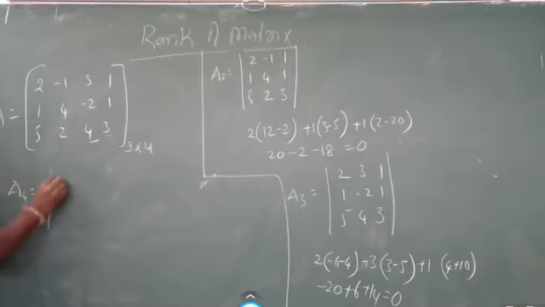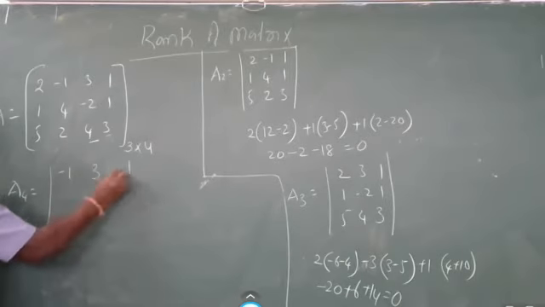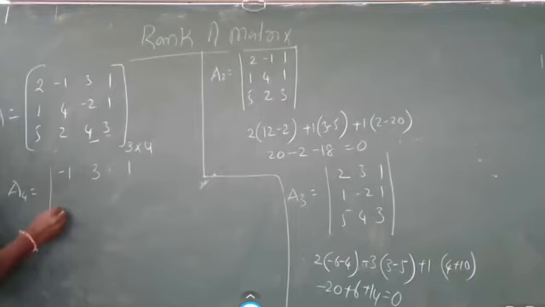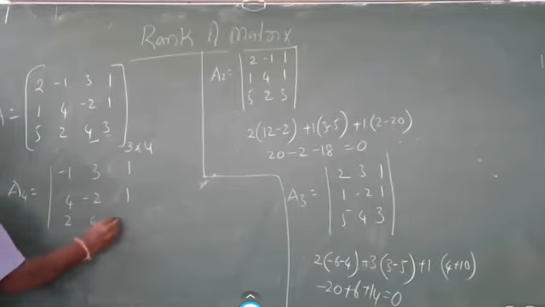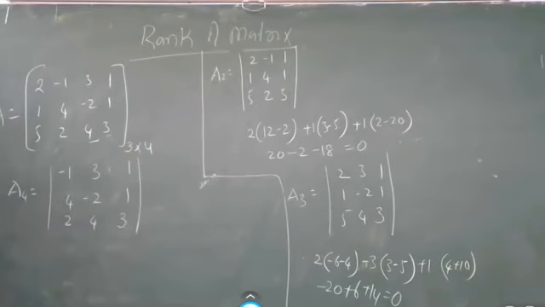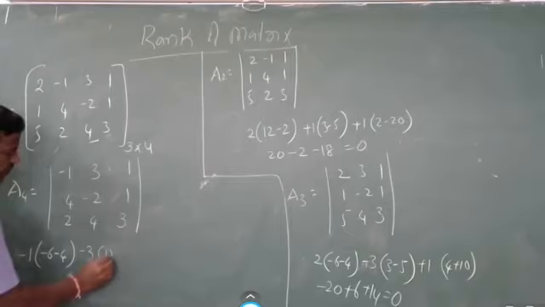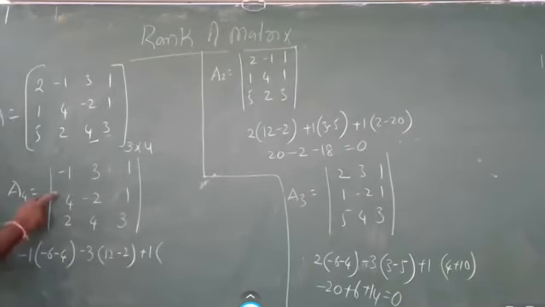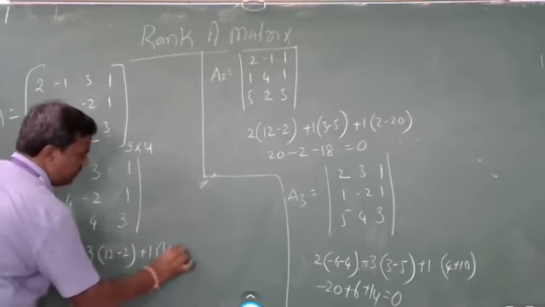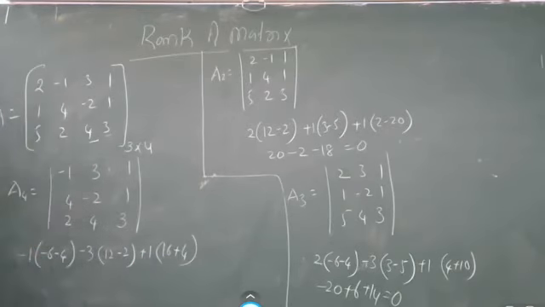A4 equal to minus 1, 3, 4, minus 2, 1, 2, 4, 3. Now find the determinant. Minus 1 into minus 6 minus 4 and minus 3 into 12 minus 2, plus 1 into 16 plus 4.